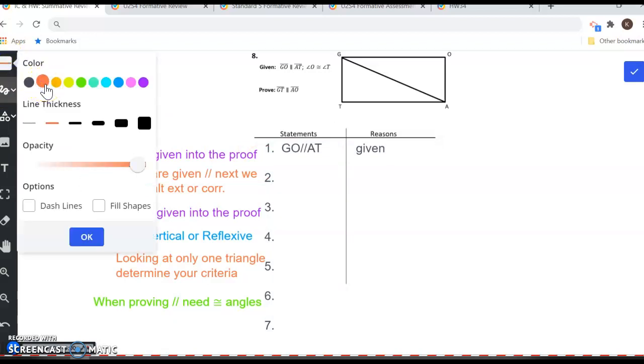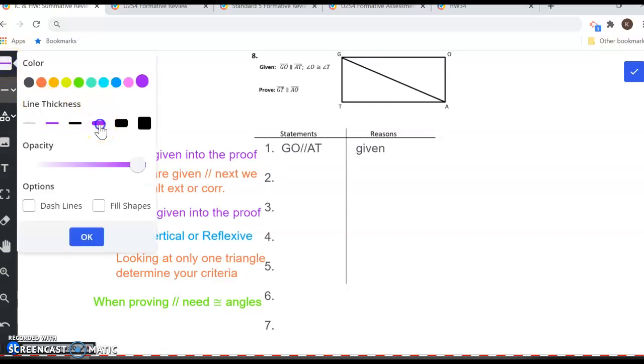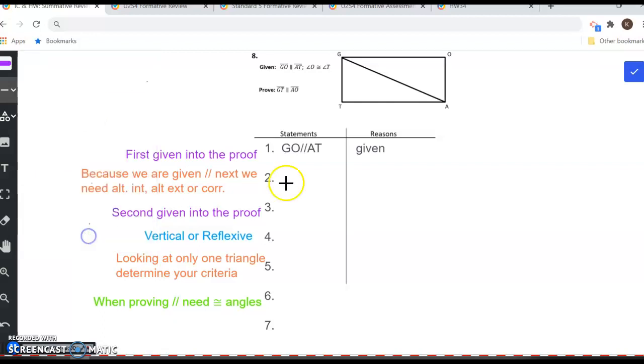There's actually multiple pairs of alternate interior angles. So I'm going to start by marking the lines that are parallel. So my 2 parallel lines are GO, so that's this top line here, and AT. Those are the given parallel lines.